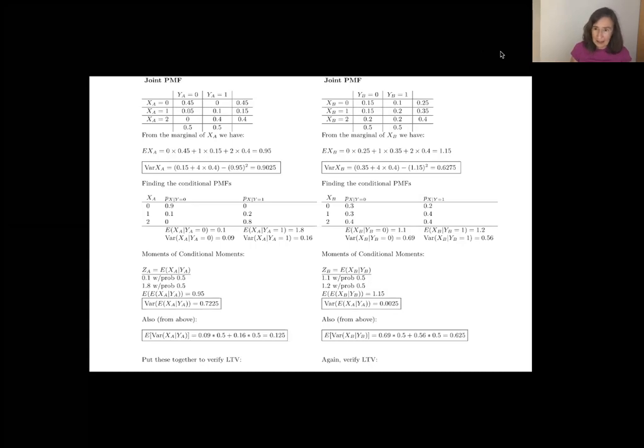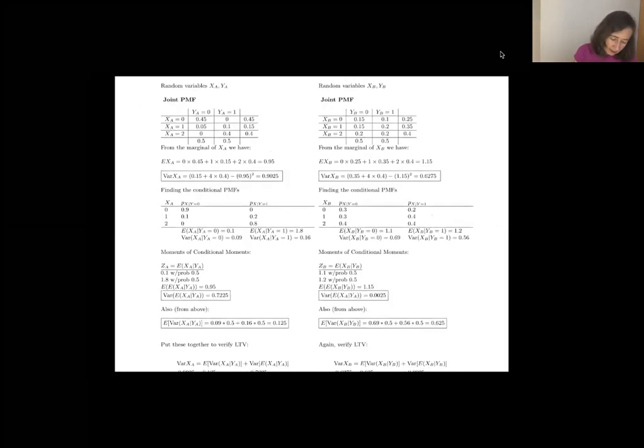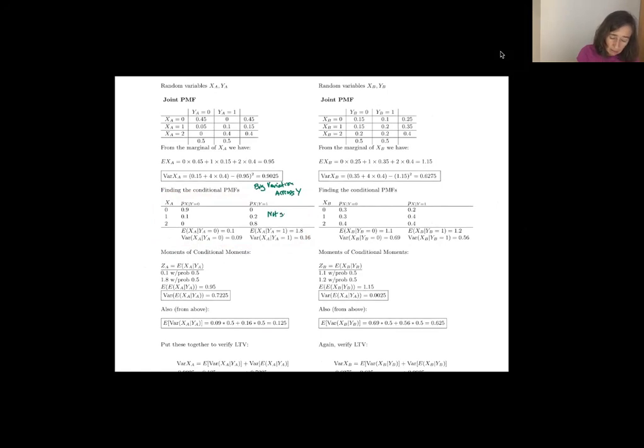So where was I? I was noticing that on this side, for the XAYA random variables, there is big variation across y and not so much within y.